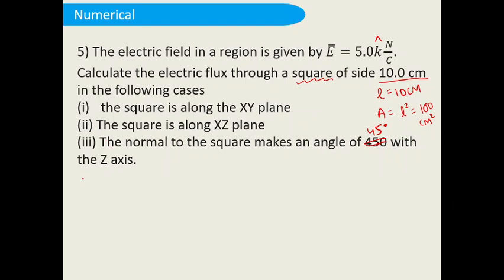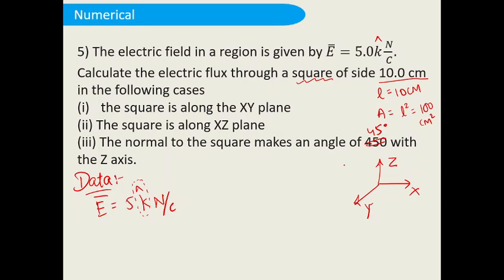The data here is E bar, which is 5 k cap Newton per coulomb. k cap is the term along the z axis. If you draw the z axis like this, x axis like this, y axis like this, the electric field is along the z axis.